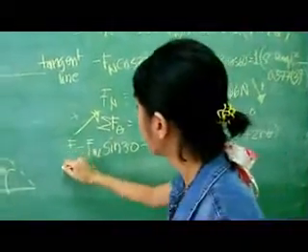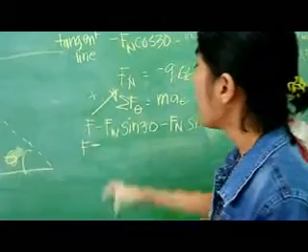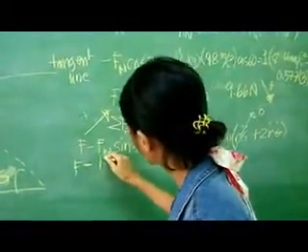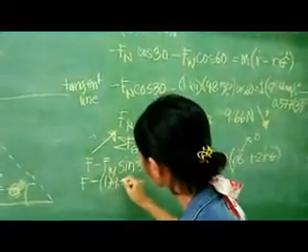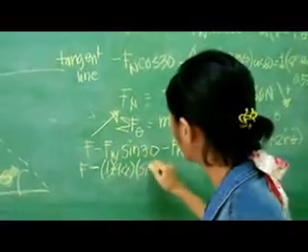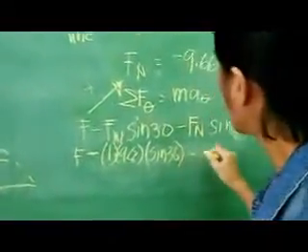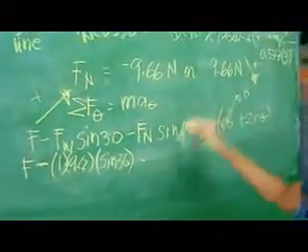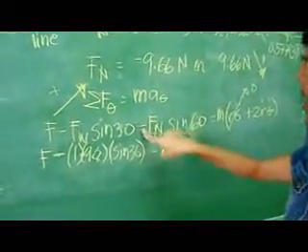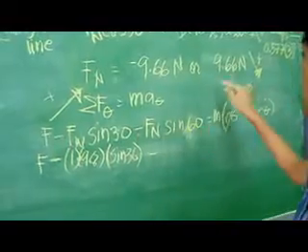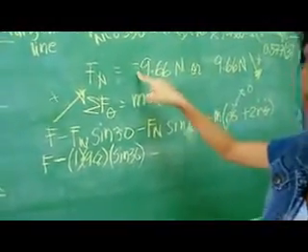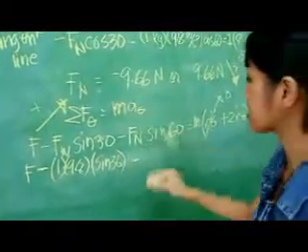So our F has the value of, where our Fw is just 1 kilogram, 1 times 9.8 meters per second squared times sine 30, minus our Fn, which is now minus, because minus now is negative, so we use this convention. However, it could be plus if we just use the negative 9.66.